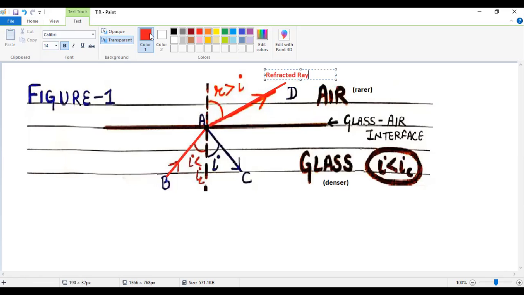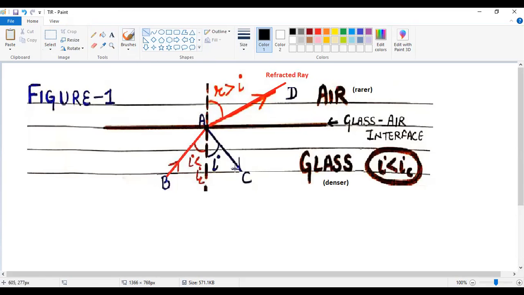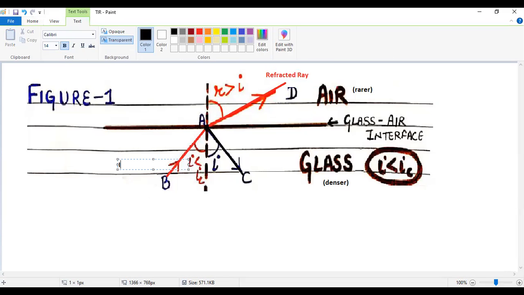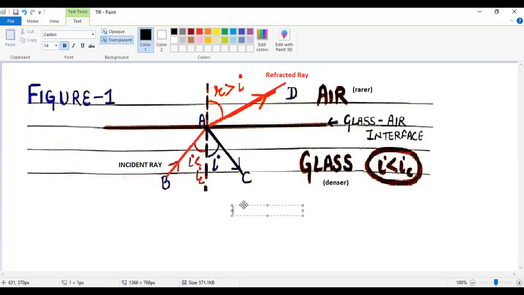Now students, when the light is incident at point A, most of the light is refracted, while a very less percentage of the light is reflected also. So BA is our incident ray, while AC is our reflected ray.